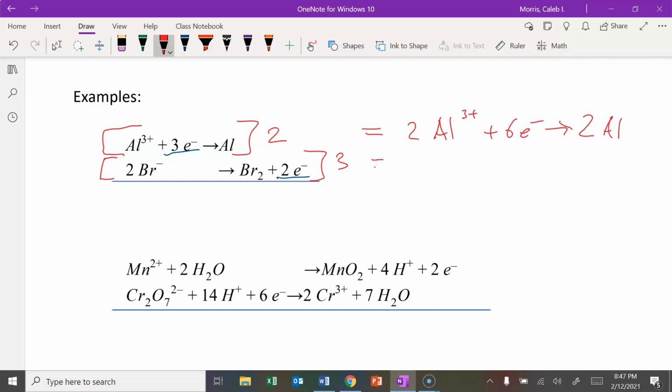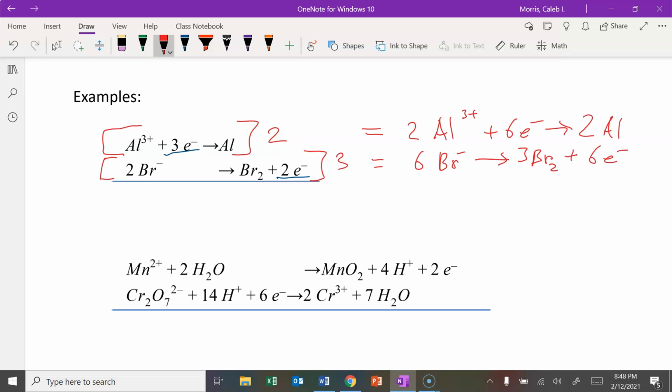Okay, down here I end up with 3 times 2 is 6 bromide ions. Gives us 3 bromine molecules, Br2, plus 6 electrons.